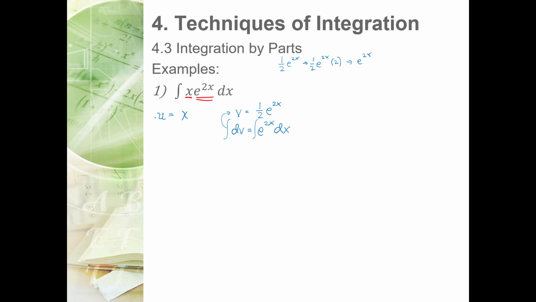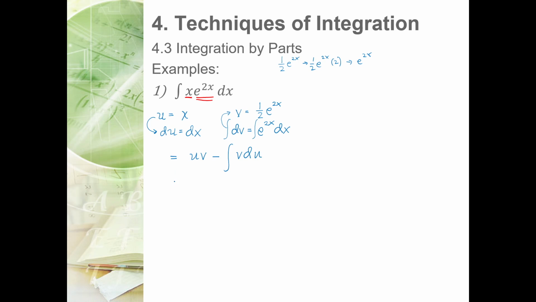So next is we get the du here. du is equal to dx. Okay, so after identifying the u and the dv, next we need to use the formula, which is uv minus the integral of v du.